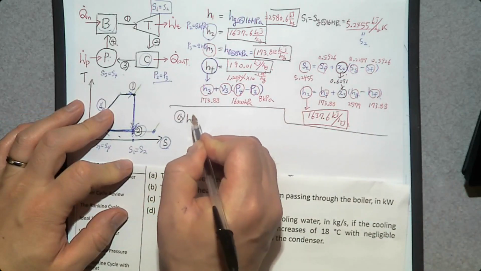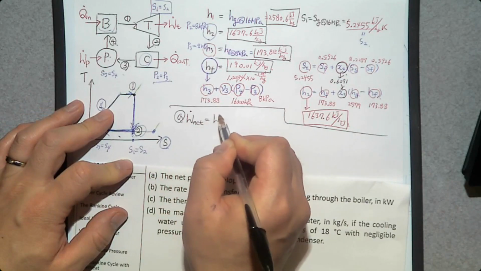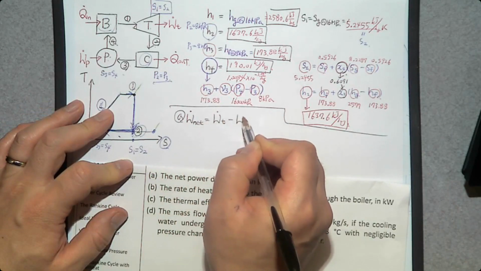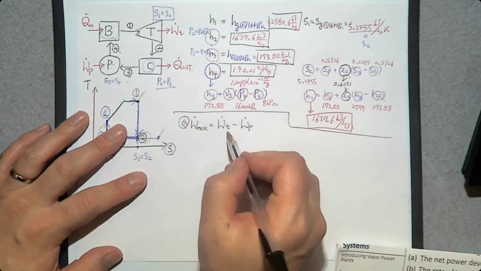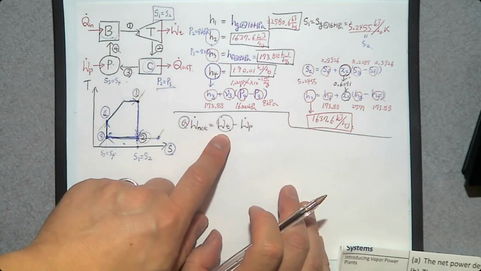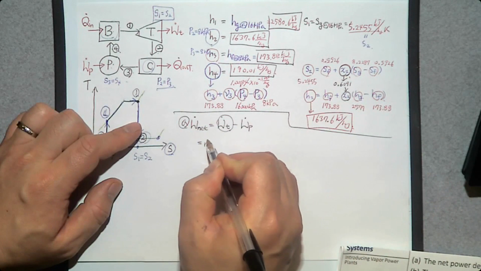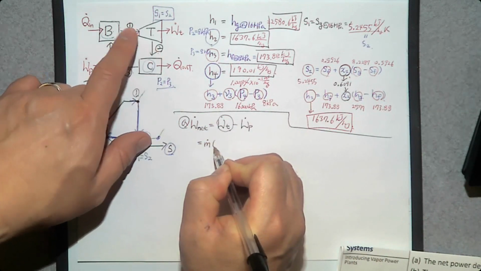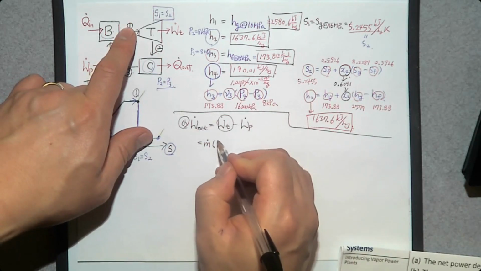A, the net power developed can be determined by the turbine power minus the pump power. Do you remember how to determine the turbine power? Yes, m dot times the difference in H. H1, H2. Which one is greater than the other? H1.